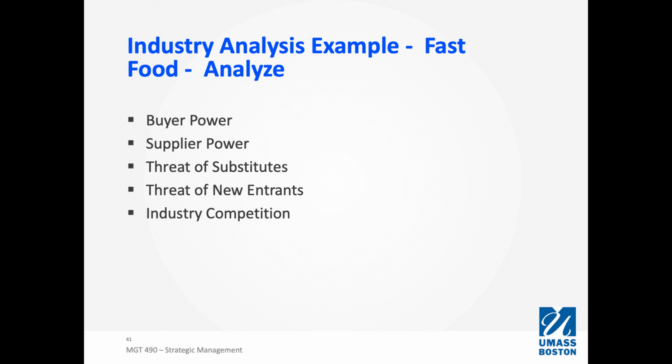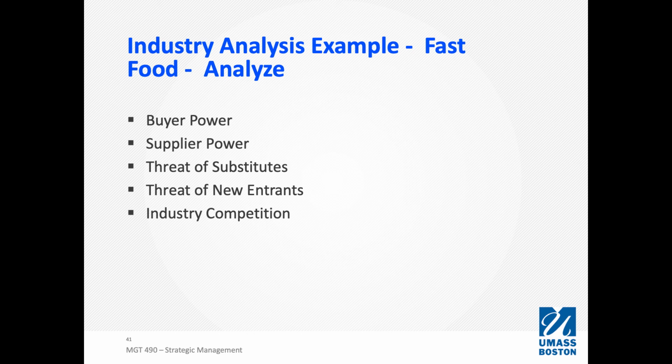Last one, industry competition. High or low? High. Why is it high? Lots of fast food competitors, all kind of doing the same thing. Yep. Lots of people, lots of competitors. Some of them are similar sizes. That heats up competition. So, on average, what does that mean about this industry?